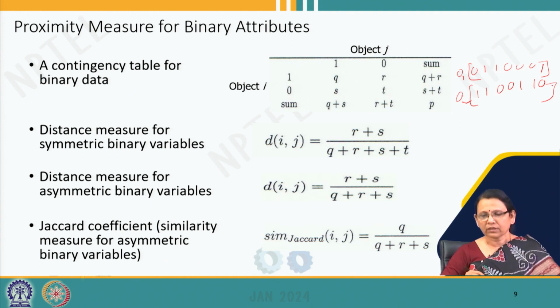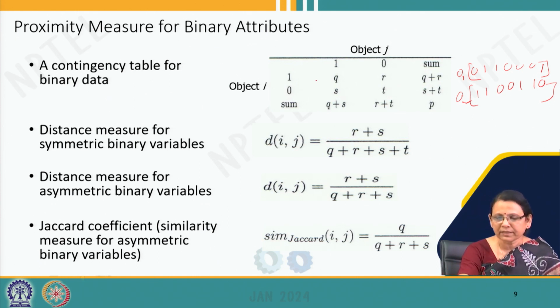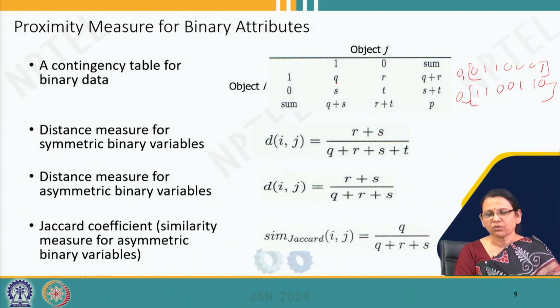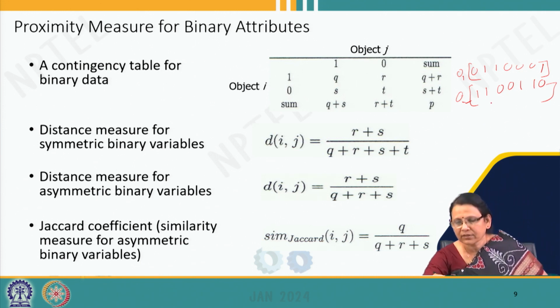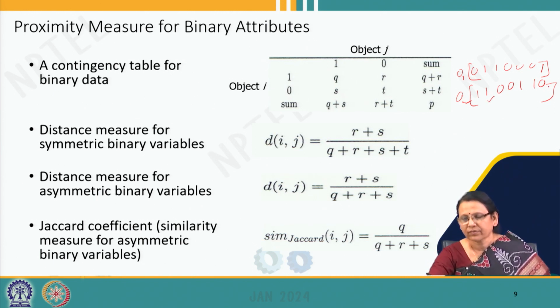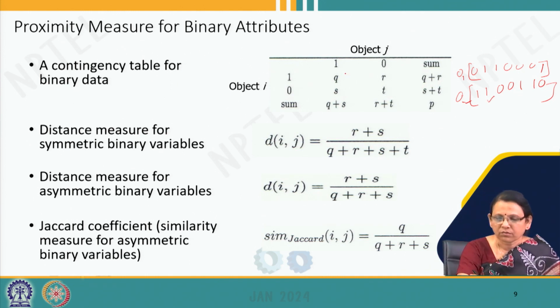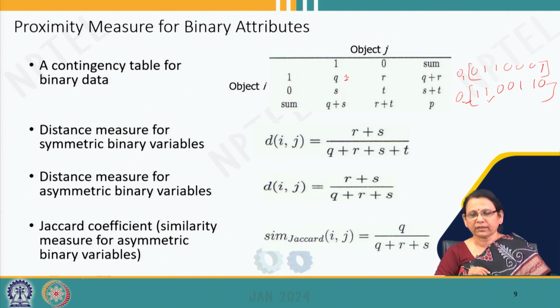Okay. So, while making this contingency table, we have to see in how many places both of them have given the value 1. This is one place, this is one place only. So, the value in this particular example, Q, is 1.